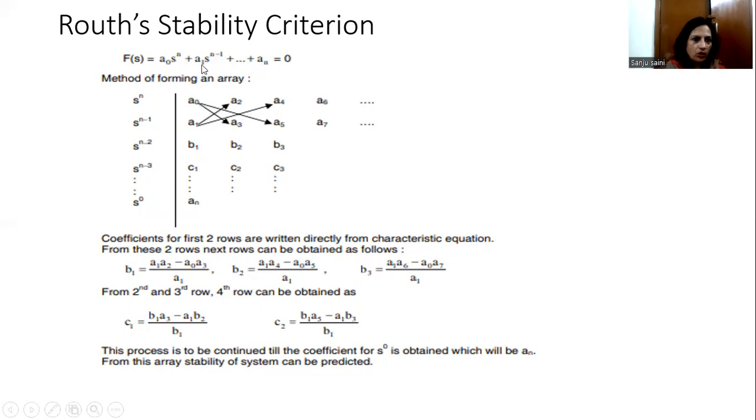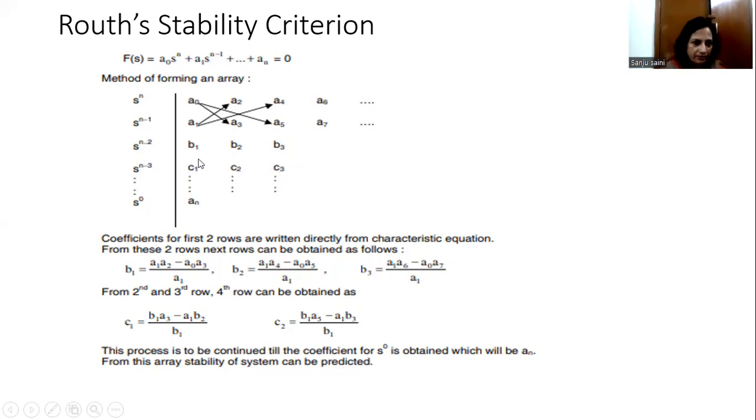In the first line, a naught, then we leave one coefficient, a2, and so on. These are the even coefficients, and in the second line we'll write down the leftover coefficients. Then in the third line we'll write down b1, b2, b3.